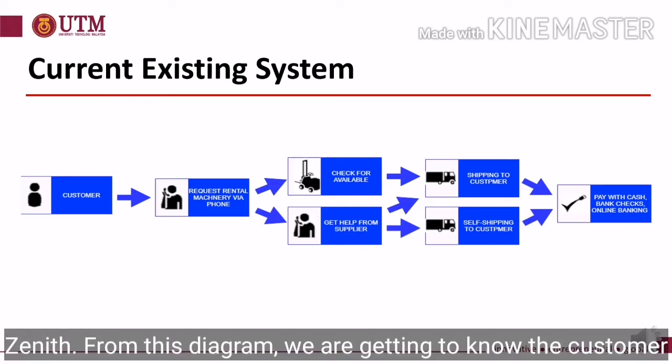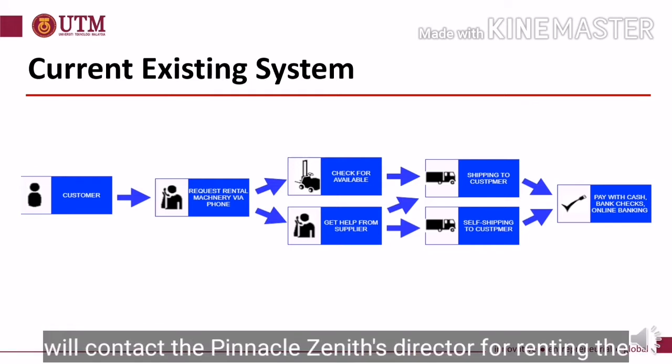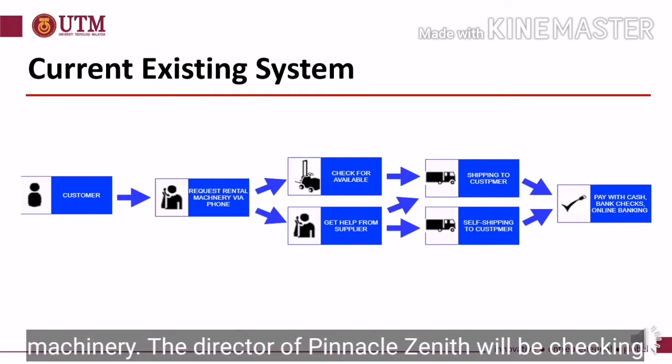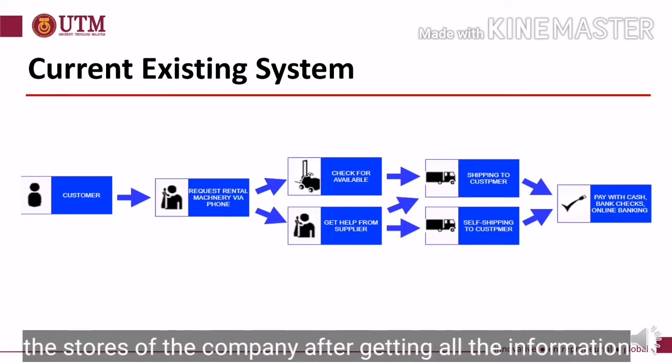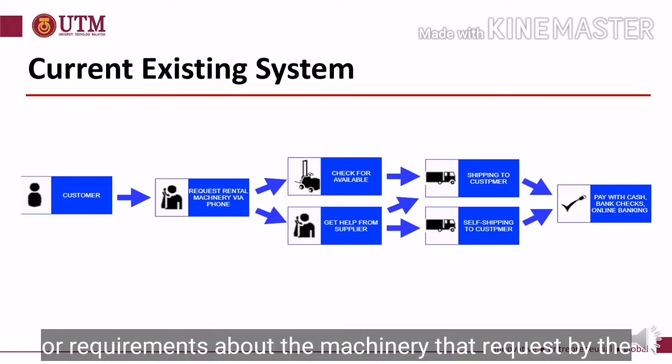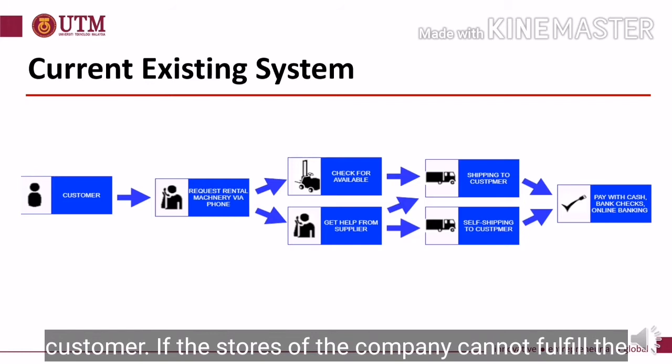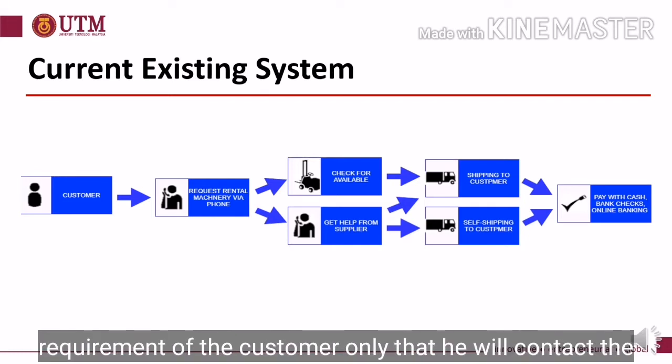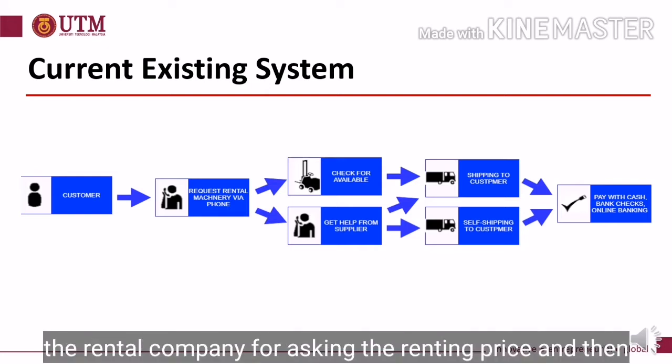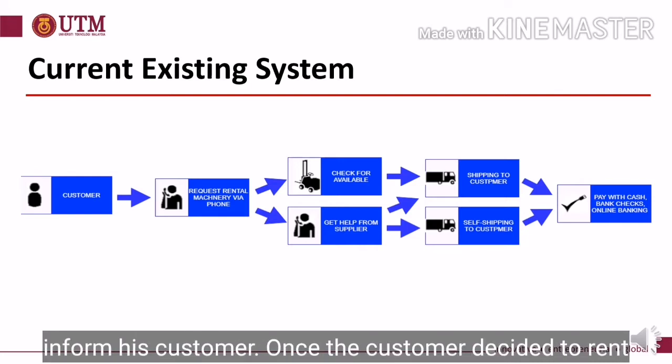From this diagram, we get to know that the customer will contact the Pinnacle Genius director to rent the machinery, and the director will check the storage of the company after getting all the information or requirements about the machinery requested by the customer. If the storage of the company cannot fulfill the requirement of the customer, only then will he contact the trade company to ask for the renting price and then inform his customer.